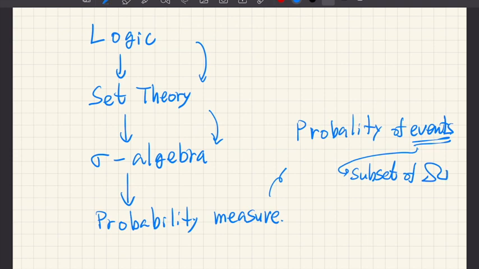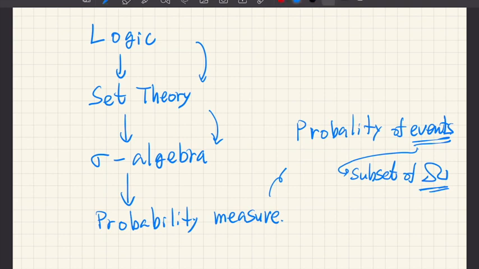So that is sample space, right? Sample space. So we define a sample space as a set. So it can be any set. And events are subsets of sample space.